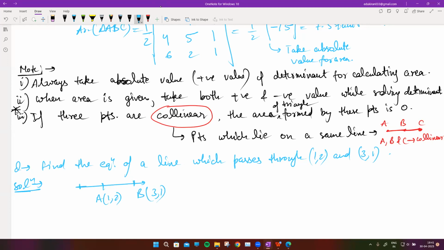So what we are doing is we are considering a general point (x, y). Whenever you are asked to form an equation of a line, you will always consider a general point on the line.